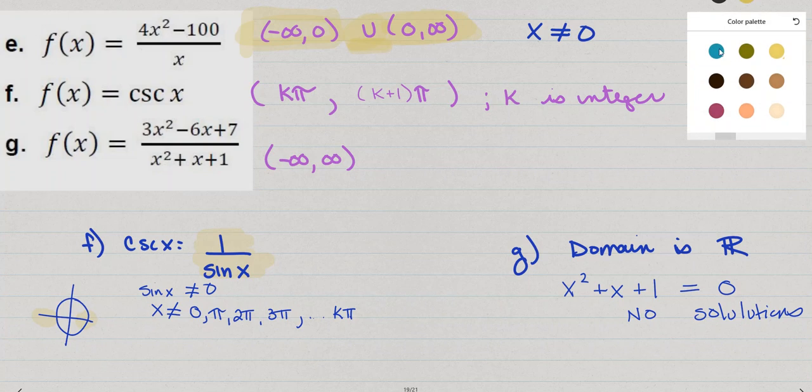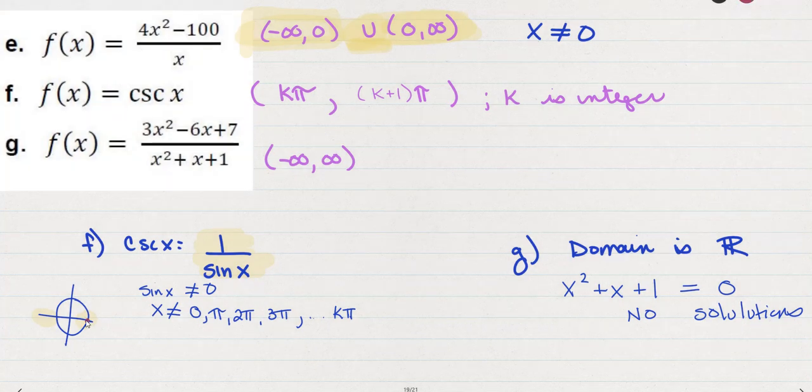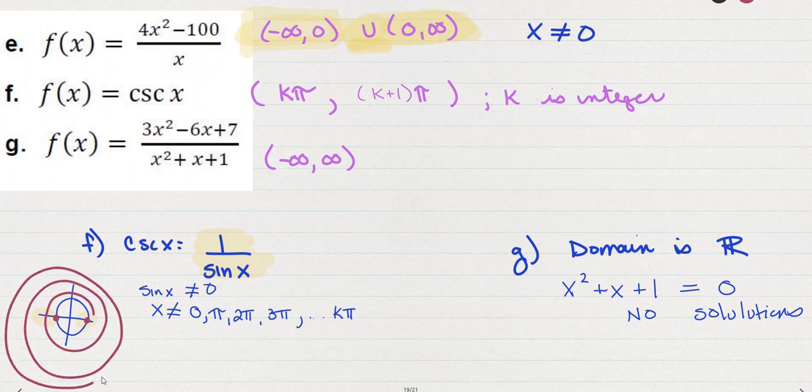Because sine maps up to y. So at this point on the unit circle, and at this point, the sine of x equals 0 when x is 0, when x is pi, when x is 2 pi, and we could keep going around this unit circle with an infinite number of values.